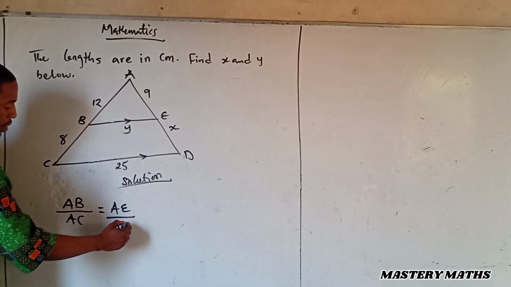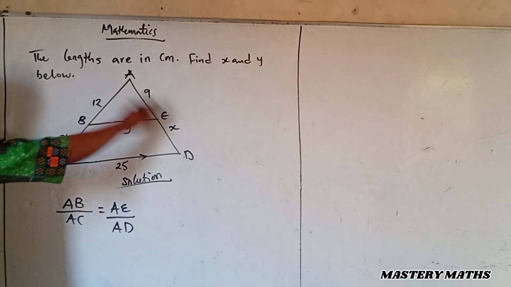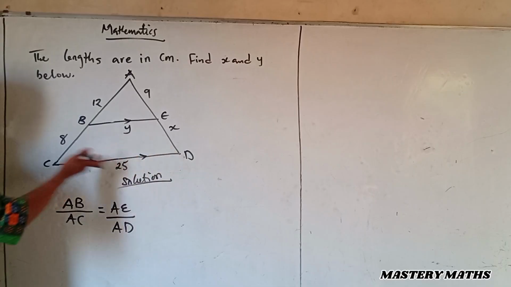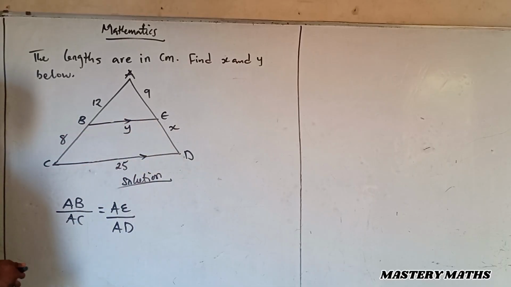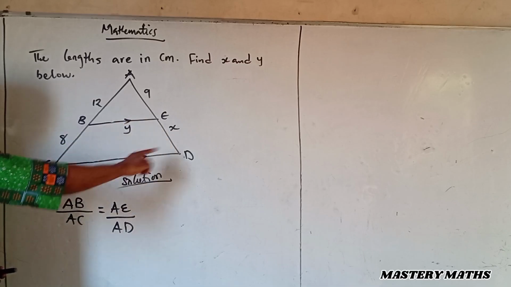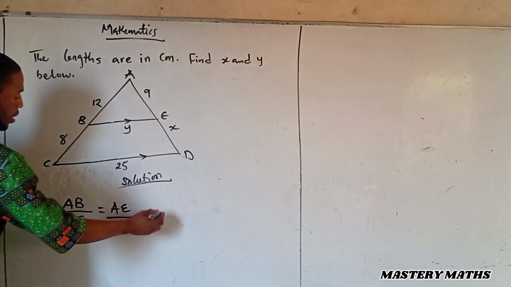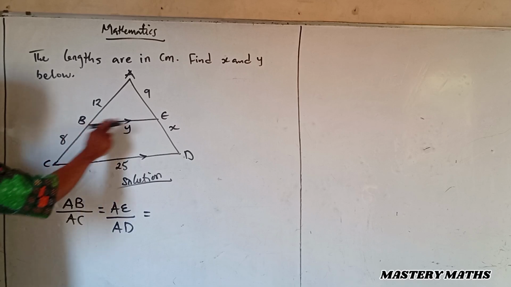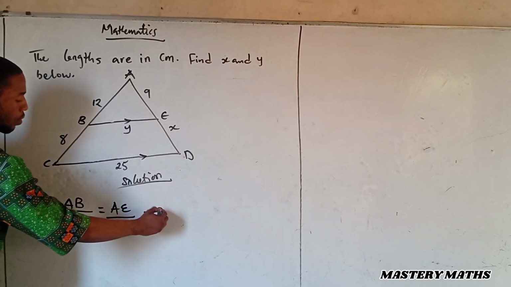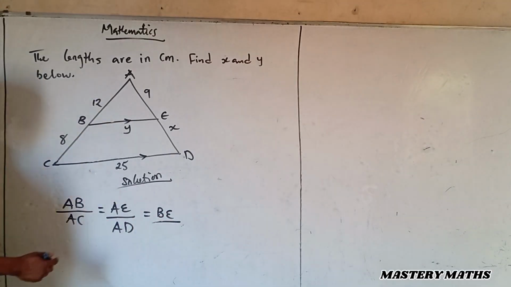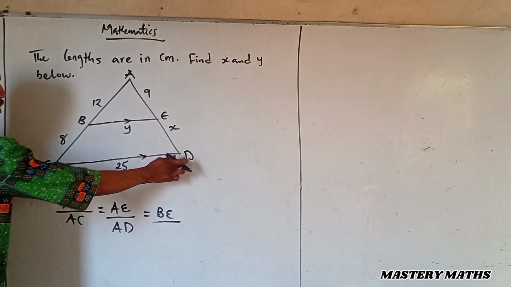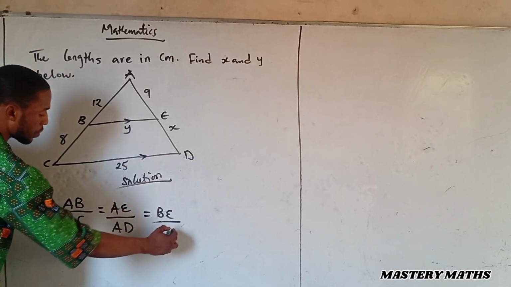Now we are done with this one. Now let's go to the other side of it, which is the horizontal side. The horizontal side is BE, which is the smaller one, over your CD, the bigger one.